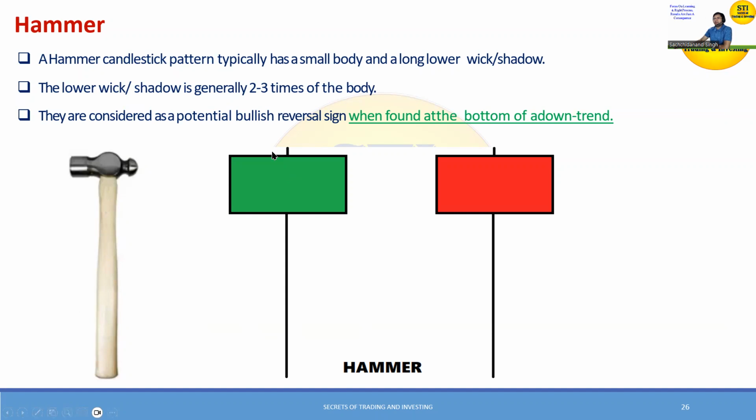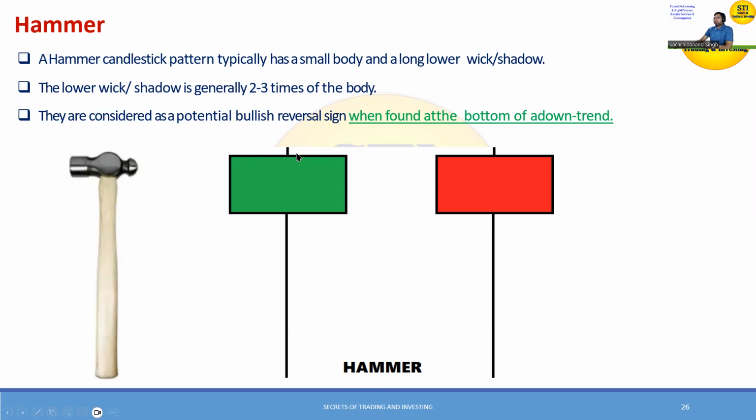So the body should be in the upward direction and the handle in the downward direction. That is how we treat a hammer in the technical analysis of the stock market. If it is reversed, with the body down and the handle up, that is called the inverted hammer, which we'll learn in a few minutes.